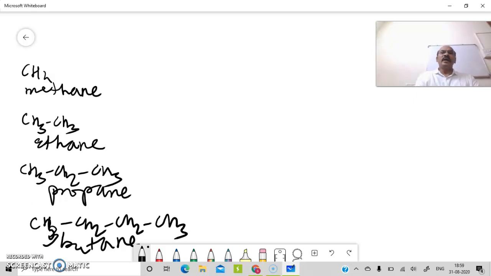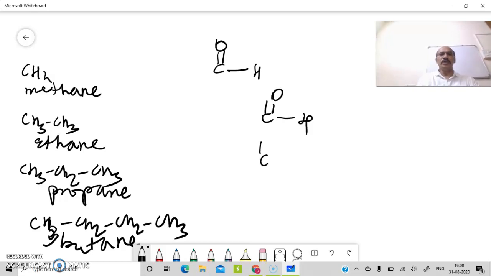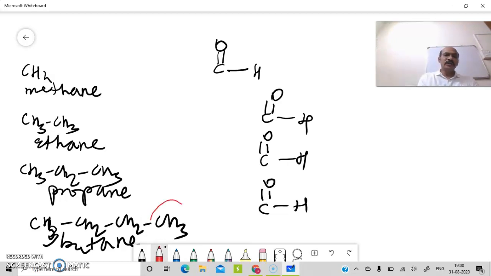So if I write aldehyde here of 1 carbon atom, and you know what the functional group for aldehyde is? C double bond O connected to hydrogen. Here, assume this carbon I am changing to this carbon.